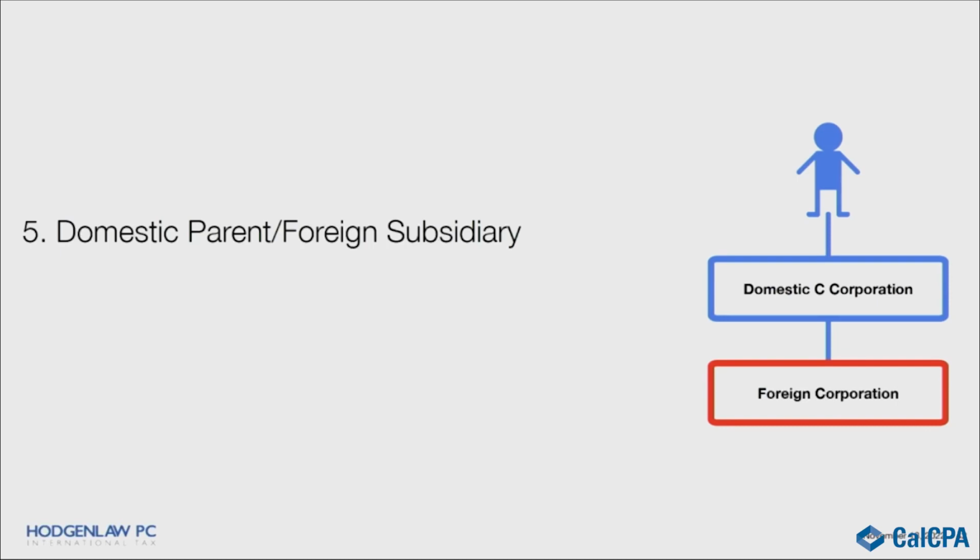What does that do? Does that create anything wonderful? Is it good? Is it bad? Should I do this? The first comment that I have is that if you do this, it might look wonderful for U.S. income tax purposes, but it's probably going to create more complexity in the foreign country.